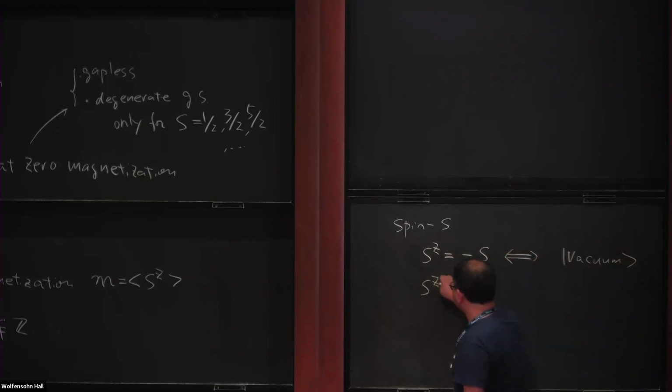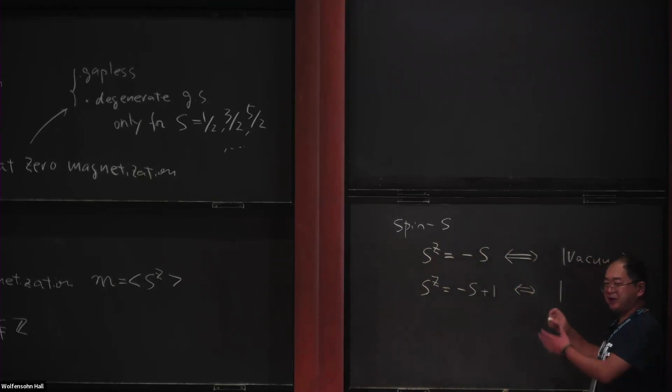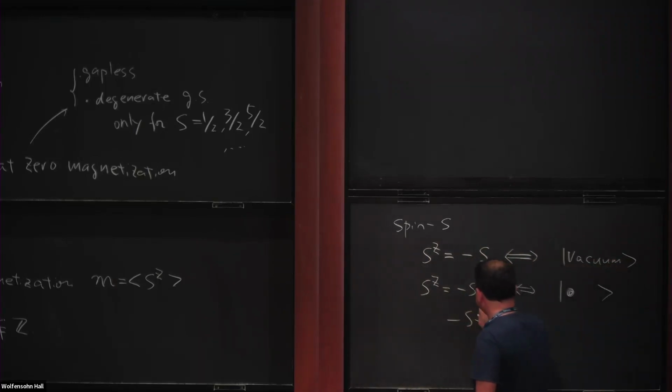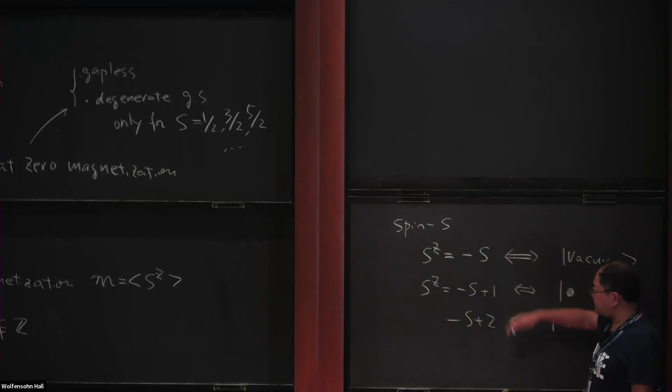Then when you increase S_z by 1, you can identify this state as a single magnon or something. So in this way, you can always map the quantum spin system to a quantum many-particle system.